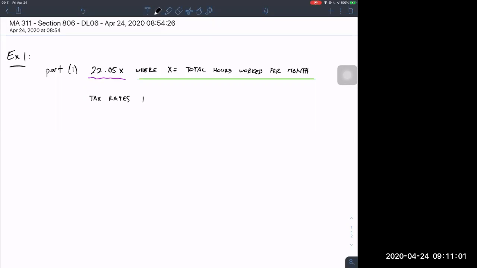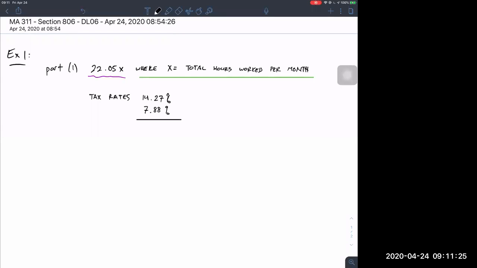14.27% and 7.88%. I already forgot what this number was. I think I have this written out from yesterday's lecture. Yeah, here we go. All right, this is a total of 22.05% in taxes, right?